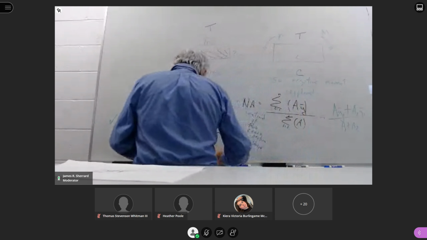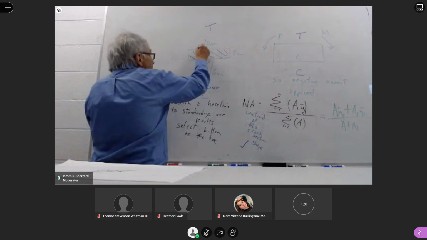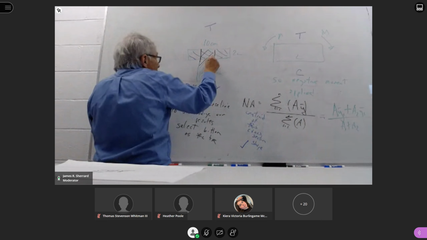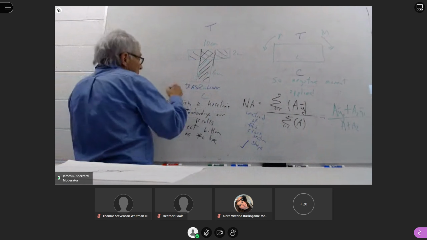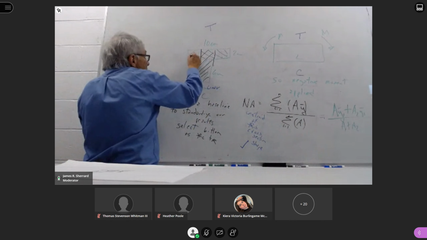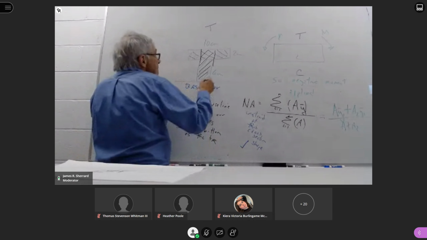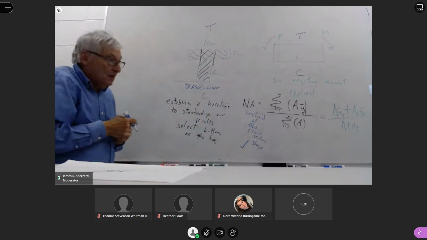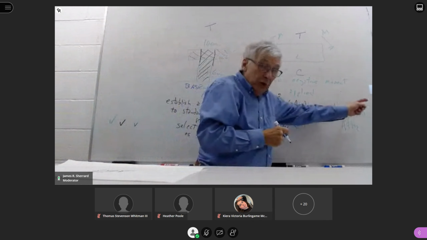If you didn't see it that way, let's say you said, I see this as really being one rectangle there, another rectangle there, and another rectangle there. So if I use the same equation, this time I'll have three components.